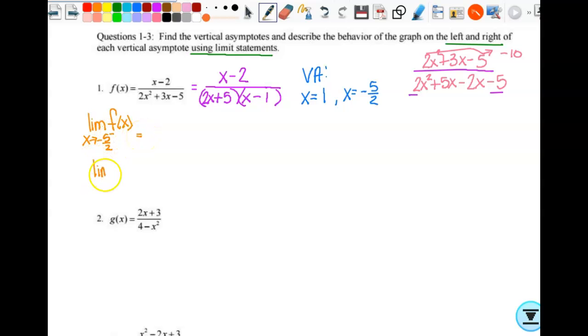The limit as x approaches negative 5 halves from the right of f of x equals something, right? That's the left and the right of one of them. I don't know why I did the second one first, whatever. And then I also have to do the limit as x approaches 1 from the left of f of x, and the limit as x approaches 1 from the right of f of x.